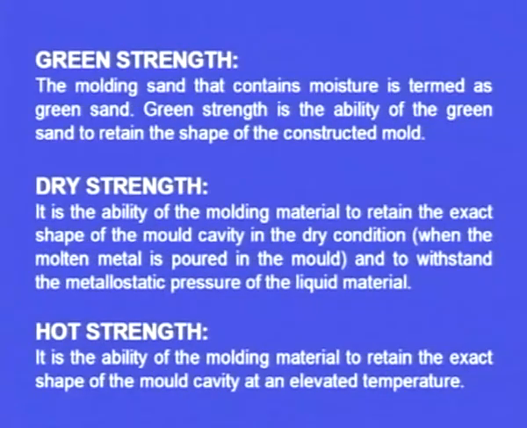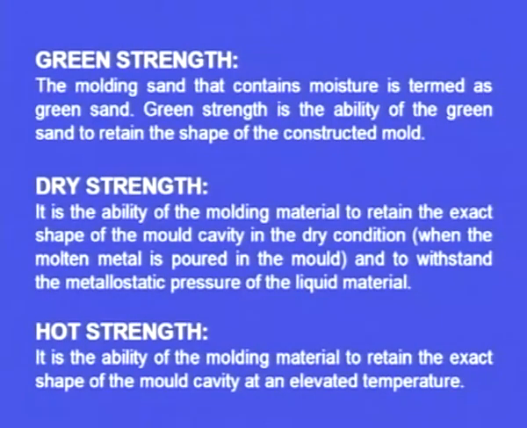Next, green strength. Green means the presence of moisture. A good molding sand should have strength when moisture is present. The molding sand that contains moisture is termed green sand.